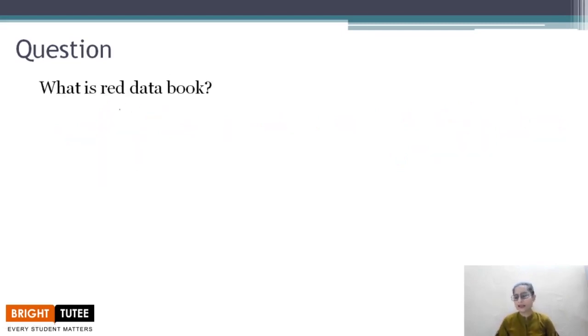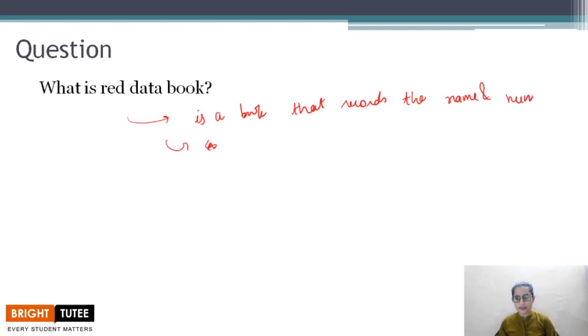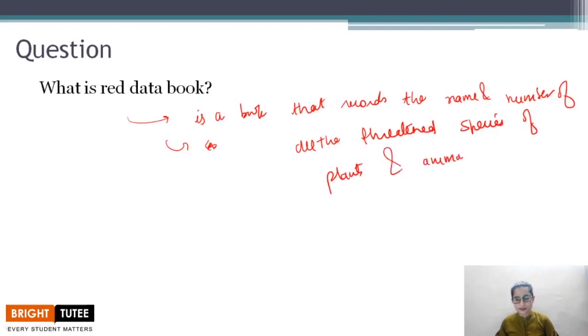Next, what is the Red Data Book? The Red Data Book is basically a book which records the name and number of all the threatened species of plants and animals.